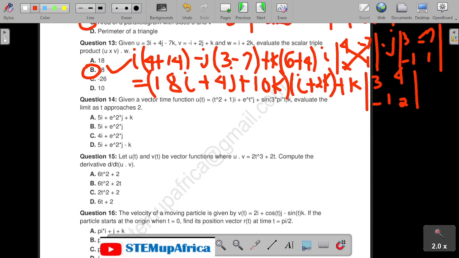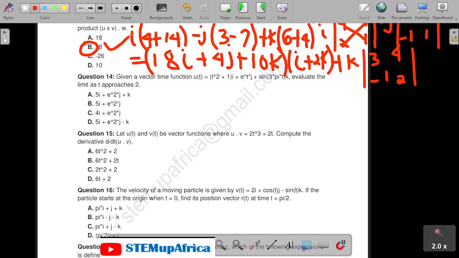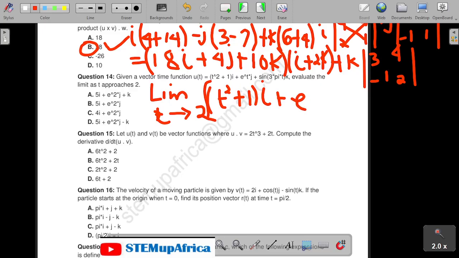We have the limit as t tends to 2 of t squared plus 1 i, plus exponential tj, plus sine 3 pi t k.